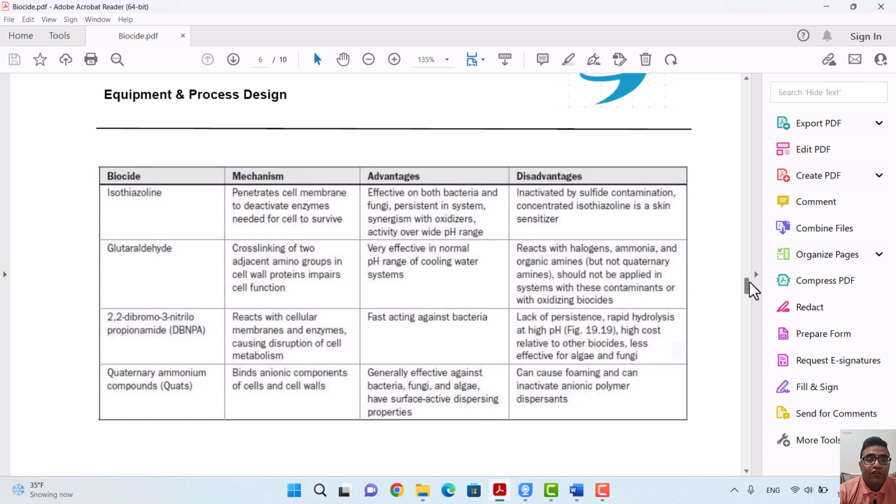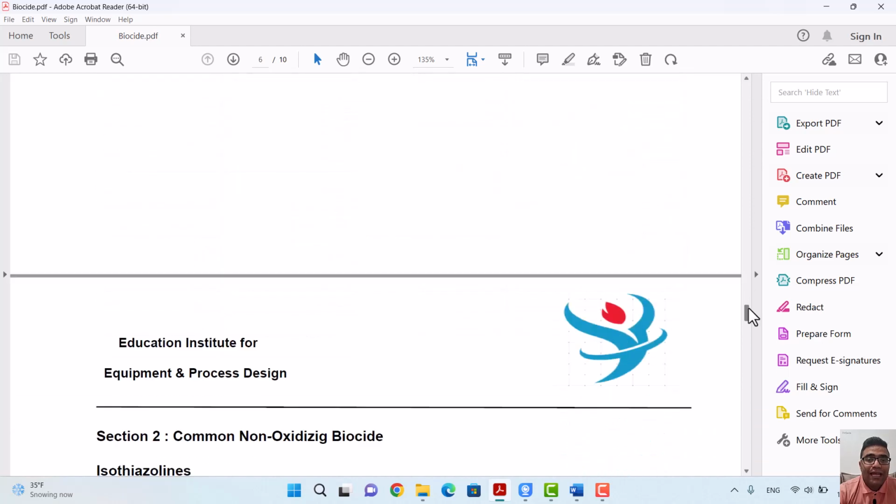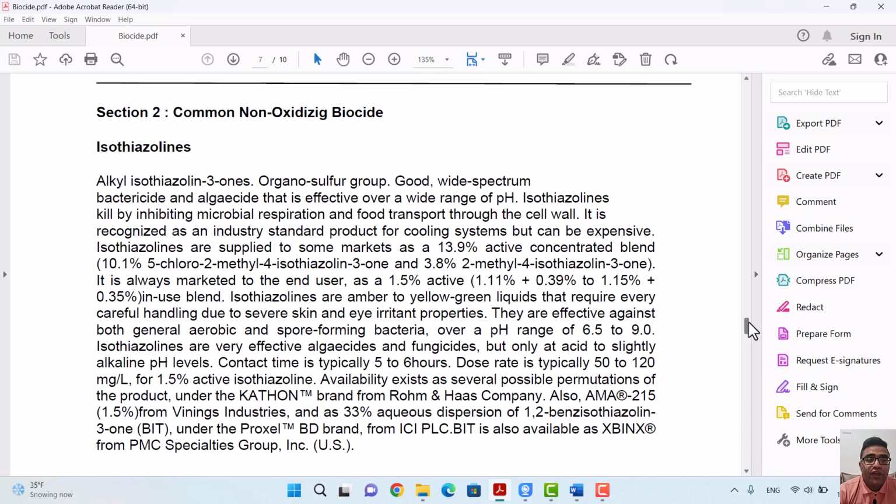Then we talked about 4 important non-oxidizing biocides, their mechanisms, their advantages, and their disadvantages. At the end, we focused on the characteristics of each of these non-oxidizing biocides, their formulations, the way they are supplied to the market and to end users, their performances over a pH range, and the companies and manufacturers that produce these products.